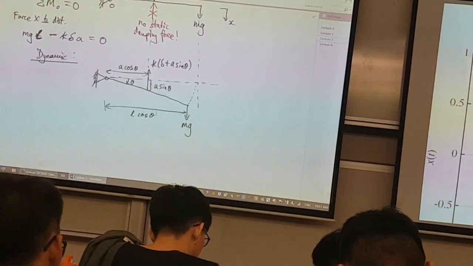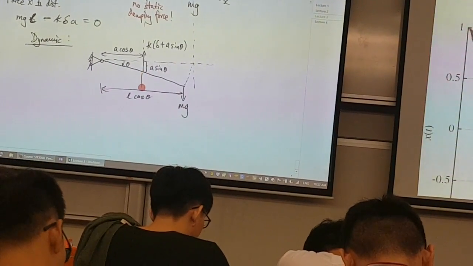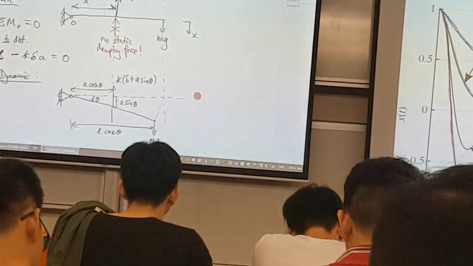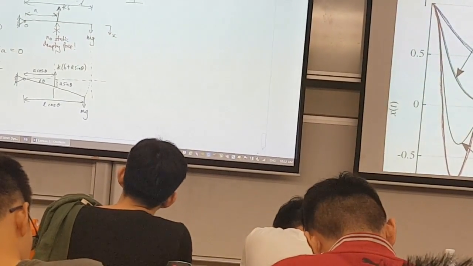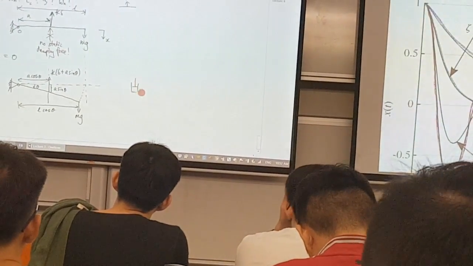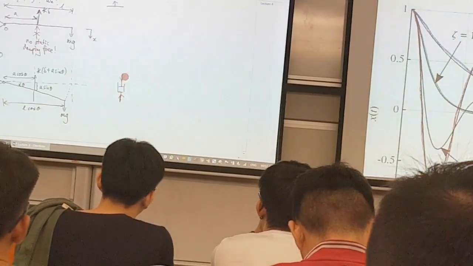There's another force in the dynamic condition, that is your damping force. If you look at your damper, do you think this damper is under compression or extension? Compression. So if I sketch the damper, I will sketch the arrow that's compressing it.